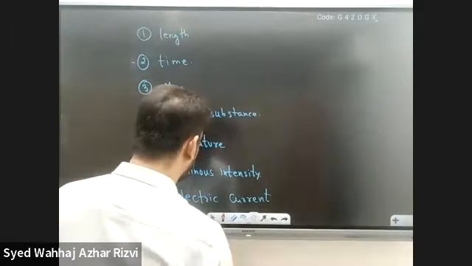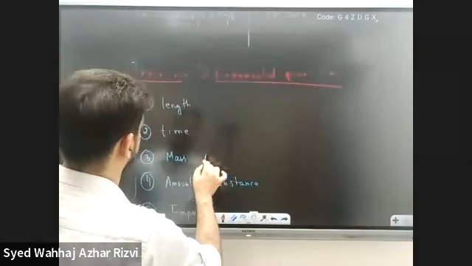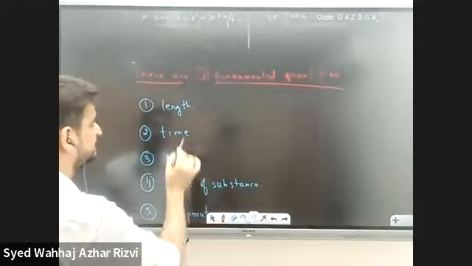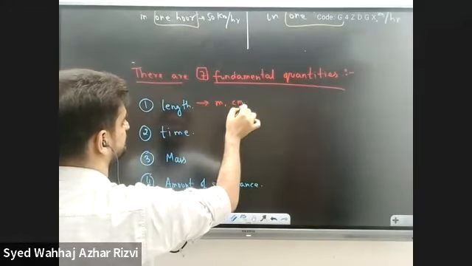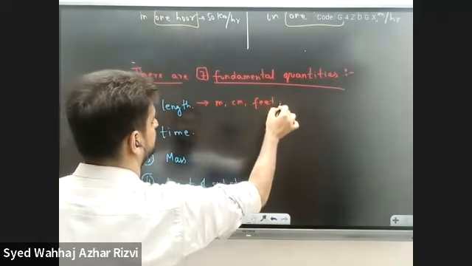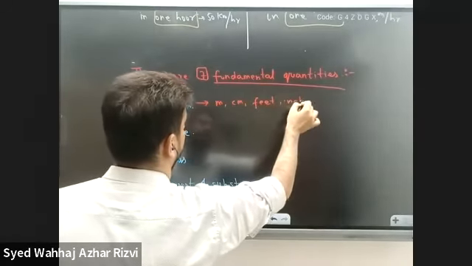Okay. Now, what are the different units? For example, length. Length has many units. It's meter, centimeter, feet, inch, right?